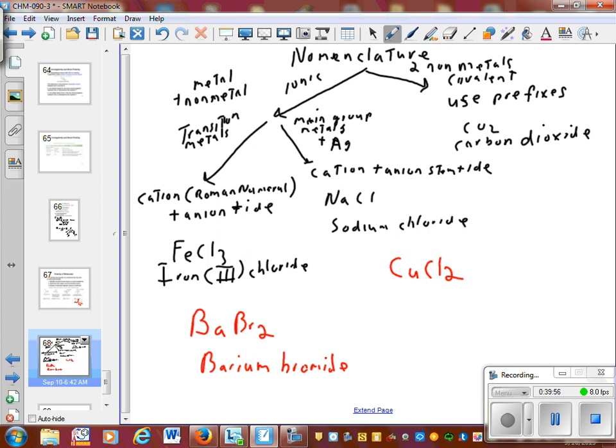So what do I need to use? Roman numeral. So I named the cation, which is copper. Copper(II) chloride. Copper in this case has a charge of +2. Chloride.